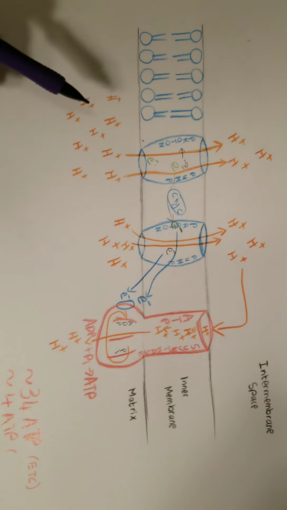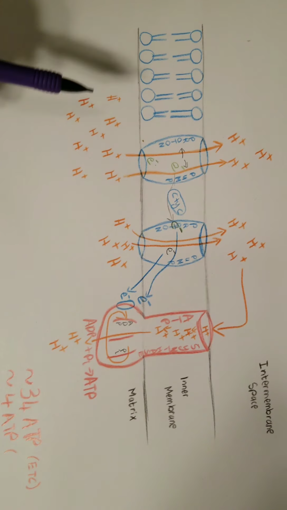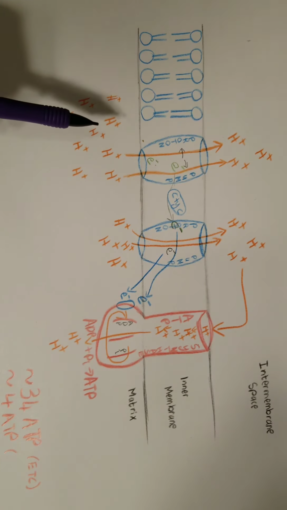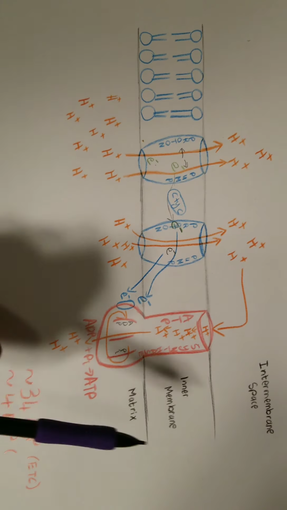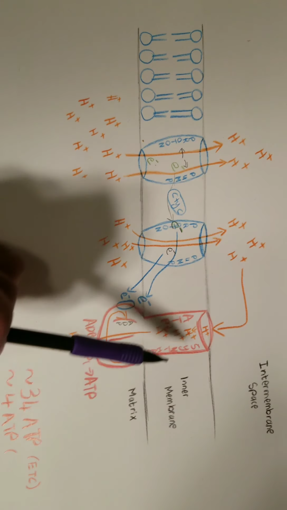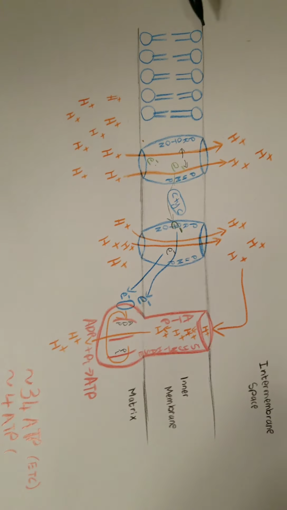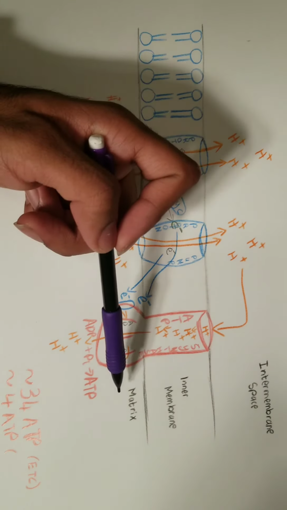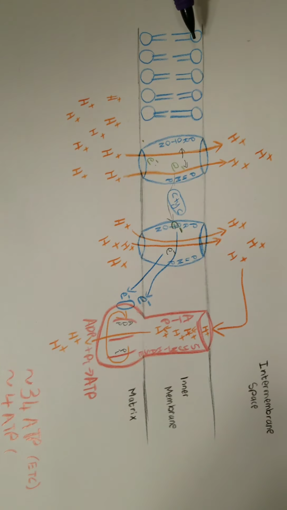Right here, we're going to have a hydrogen ion, basically a proton, build up in the matrix. So right here, you see we have the matrix, and this is a phospholipid bilayer between the intermembrane space and the matrix. You see I drew the phospholipids right here, and it's a bilayer since there are 2 of them, right?